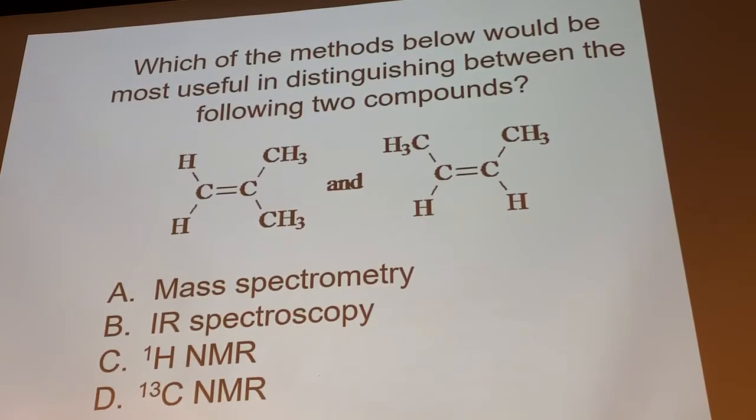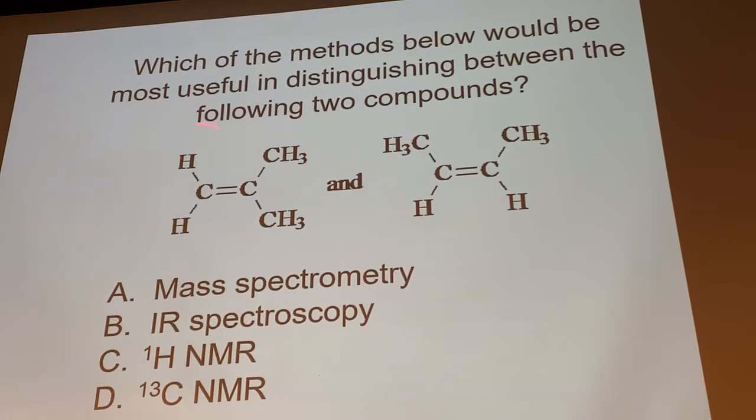In my opinion, the easiest way to tell the difference between these two compounds is the C13. We'll start with the structure on the right. The structure on the right has two different types of carbons, so we have two peaks in the C13 NMR spectrum. For the compound on the left, the plane of symmetry goes horizontal instead of vertical, so we have three different types of carbons.